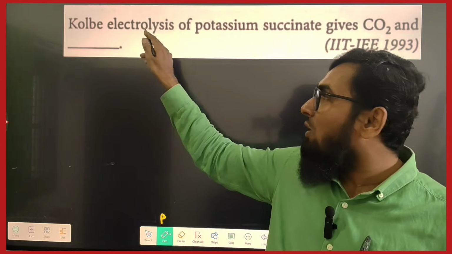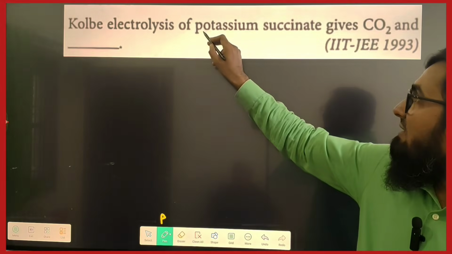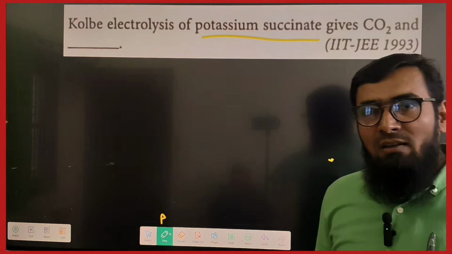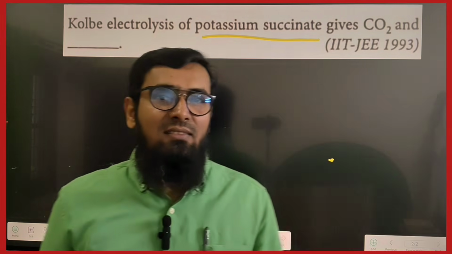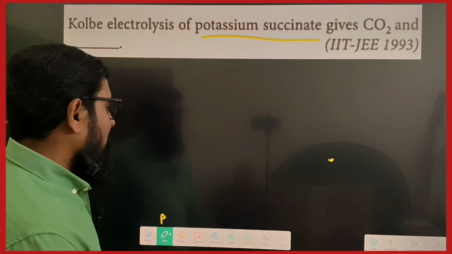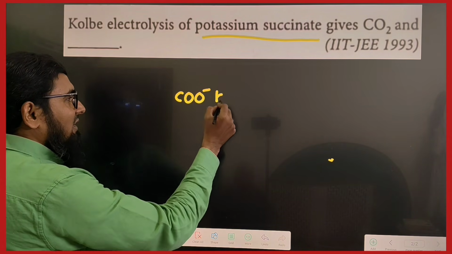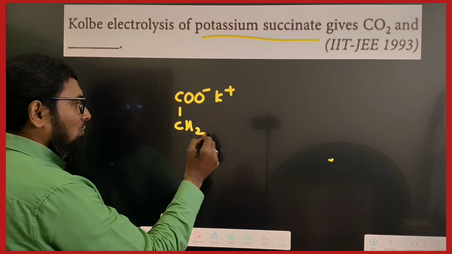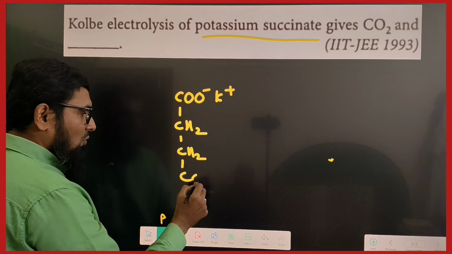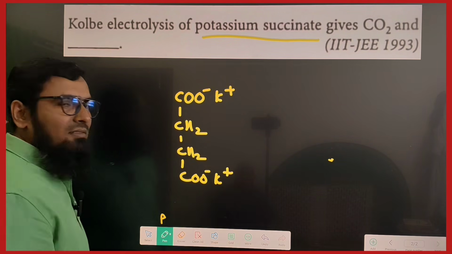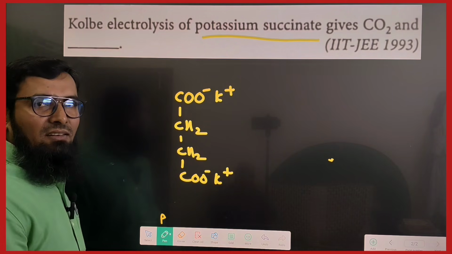Whenever a Kolbe electrolysis question comes and a dicarboxylic acid salt is given, what is the trick? Write the formula: COO minus K plus, CH2, CH2, COO minus K plus. This is potassium succinate.